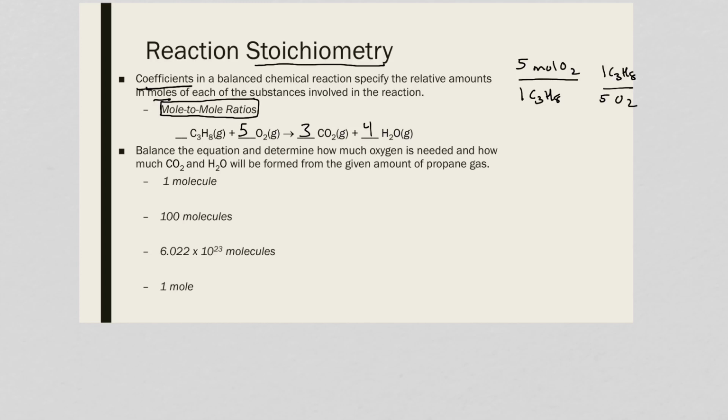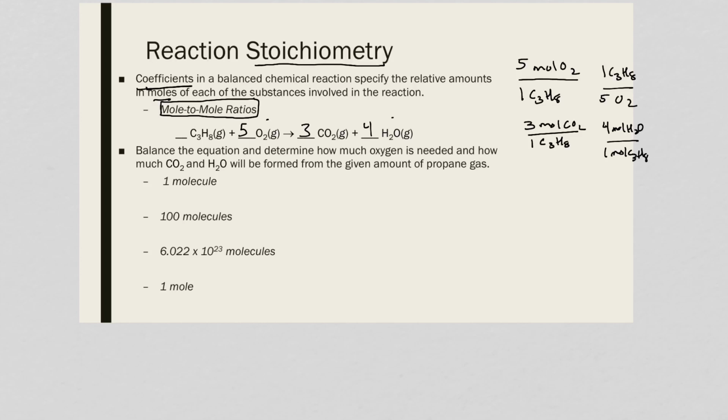And we can set up ratios between any of these. So, for example, we could also write that for every 3 moles of CO2 that I make, I need to react 1 C3H8. Or to make 4 moles of water, I need to react 1 mole of C3H8. And of course, we could set up other ratios as well between oxygen and CO2 or oxygen and water.